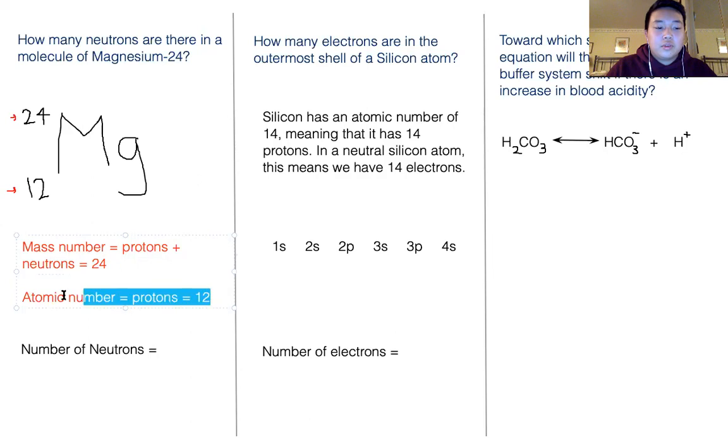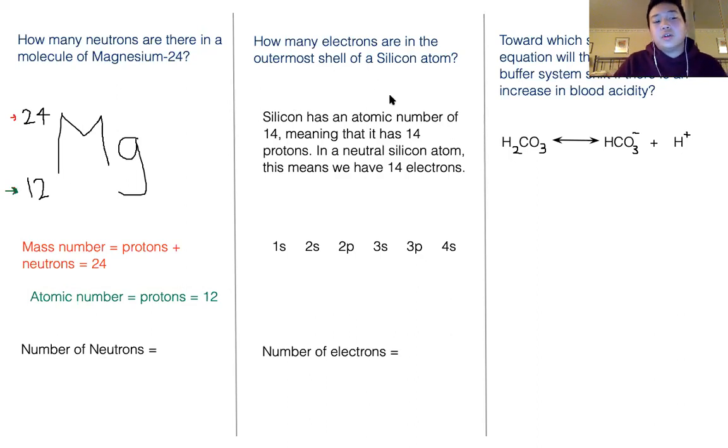So let me color code this so it's a bit easier. Say green. Right, so this is the atomic number, and then the top left is the mass number. So if you did some math there, you'll see that the mass number is 24.